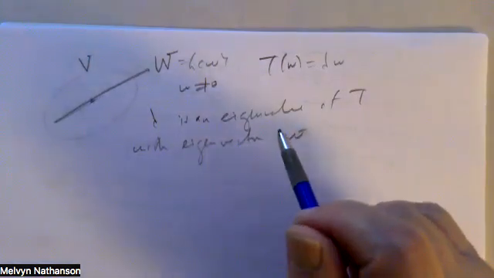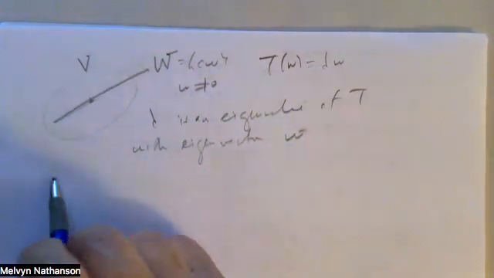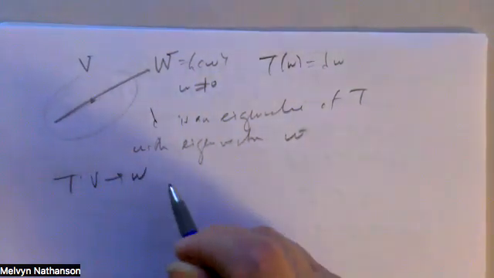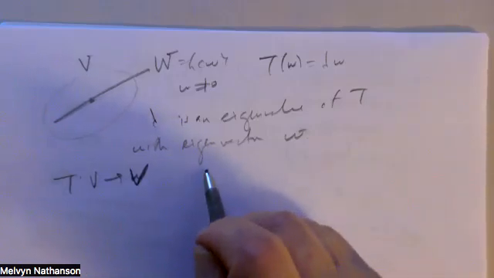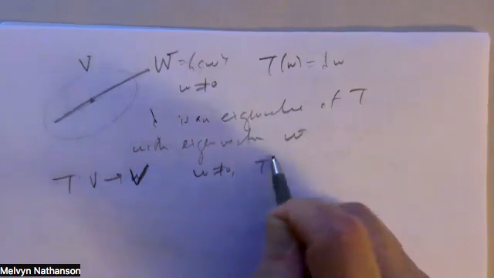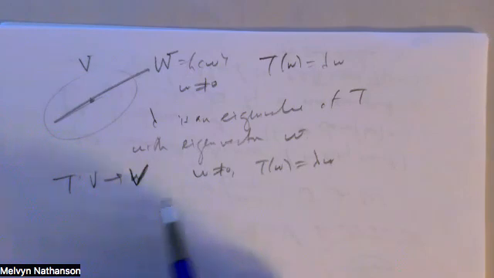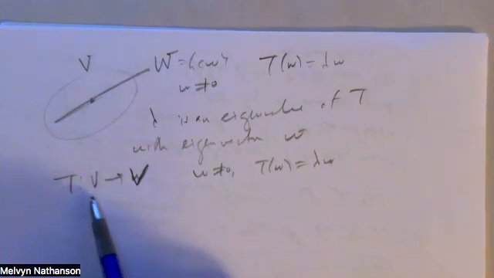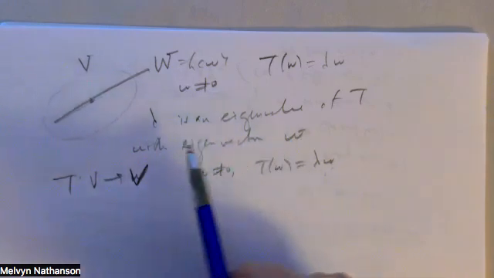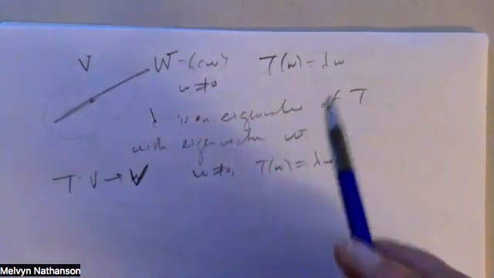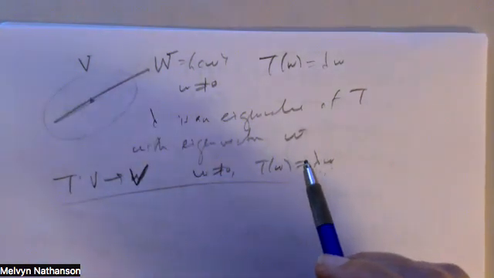So this says exactly what is an eigenvector and an eigenvalue. You have T from V to V, and w different from zero. T of w is some scalar multiple of w. So if you have any vector in V such that T of w is a scalar multiple of that vector w, then the vector is called an eigenvector with eigenvalue lambda. And these are the simplest invariant subspaces.